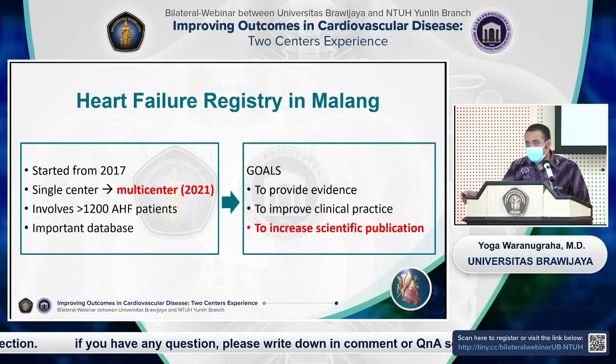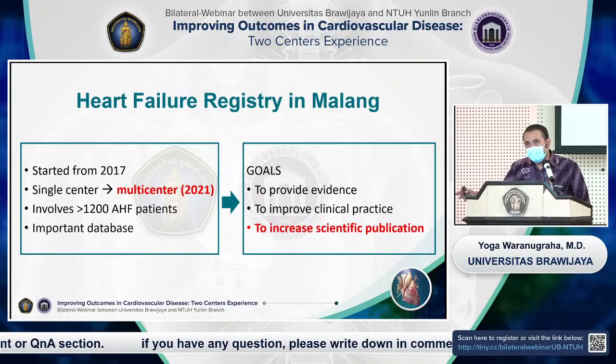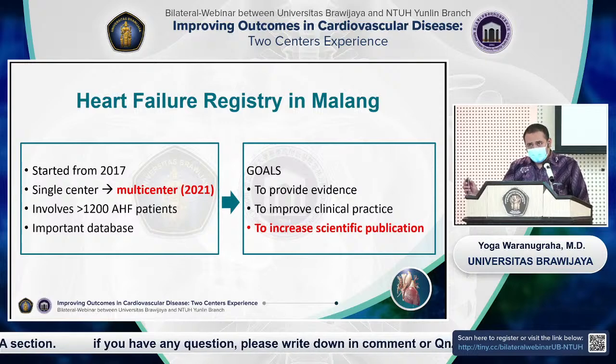The heart failure registry in Malang actually started in 2017. It is a single center registry, but in 2020 we are going to expand from single center to multi-center. Until now, we have collected more than 1,200 acute heart failure patients.